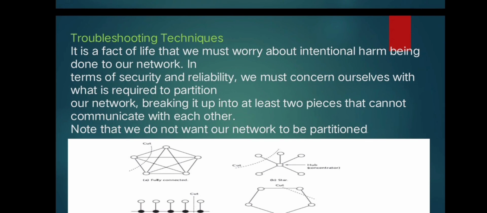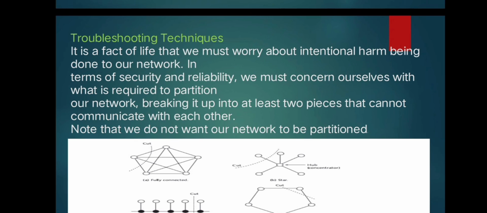Troubleshooting techniques. It is a fact of life that we must worry about intentional harm being done to our network. In terms of security and reliability, we must concern ourselves with what is required to partition our network, breaking it up into at least two pieces that cannot communicate with each other.